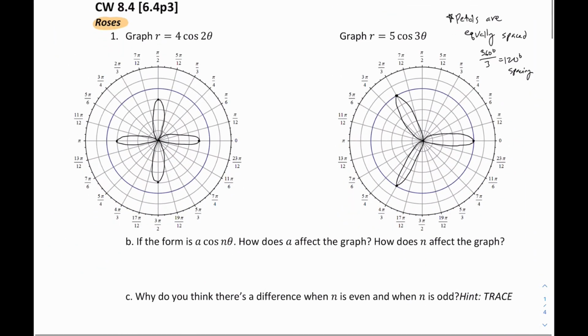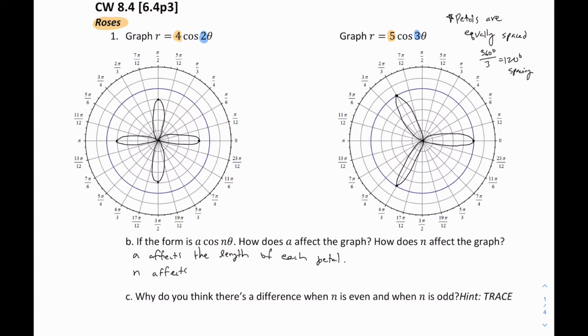So now we're seeing a couple of things. Hopefully you notice that this A, this 4 and this 5, affects the length of each petal. And this N right here, this number in front, is clearly affecting the number of petals.